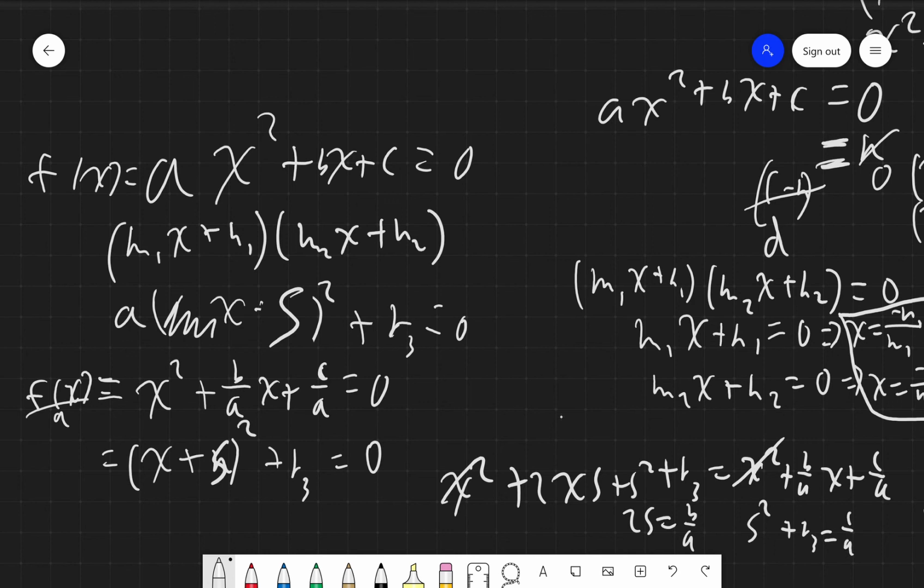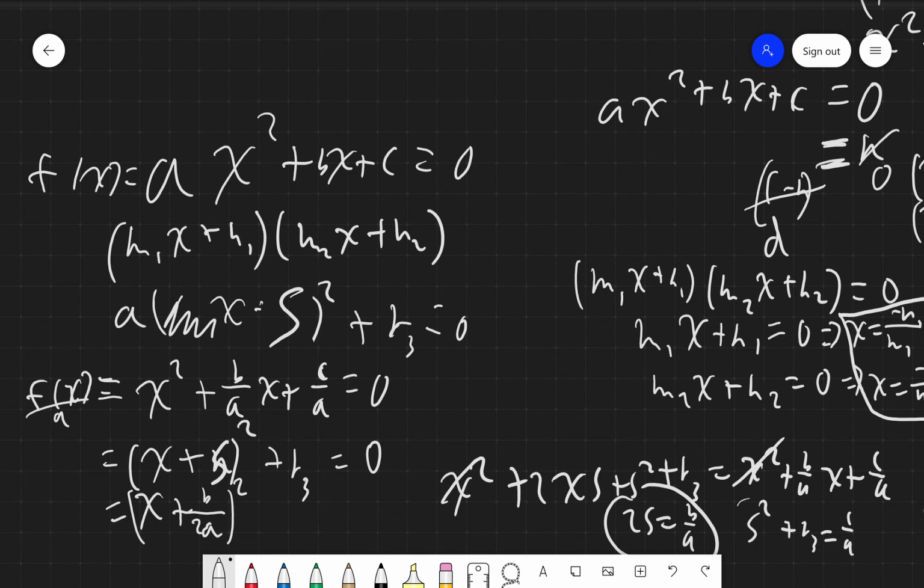So now s equals b over 2a. Alright, so what we have is x plus b over 2a squared, and now the extra is going to be b squared over 4a squared.